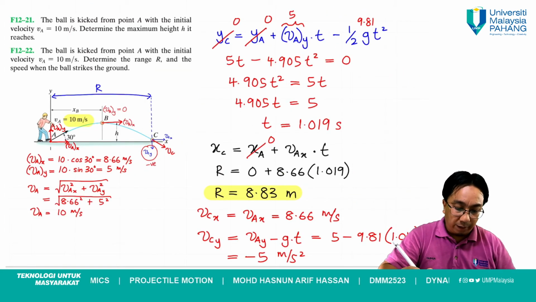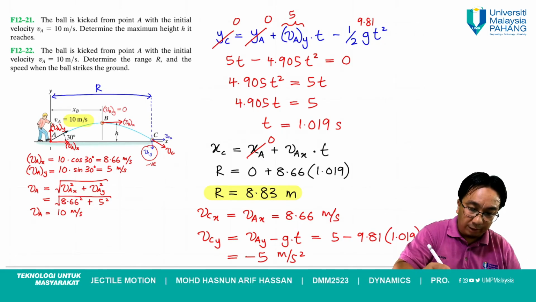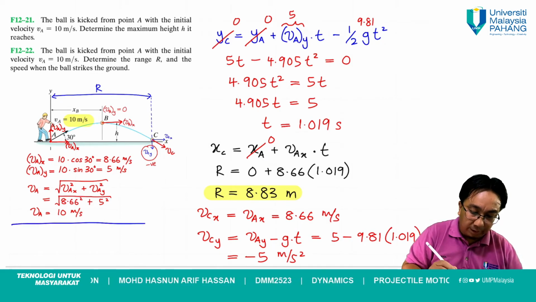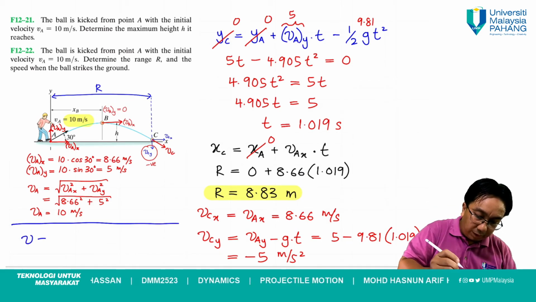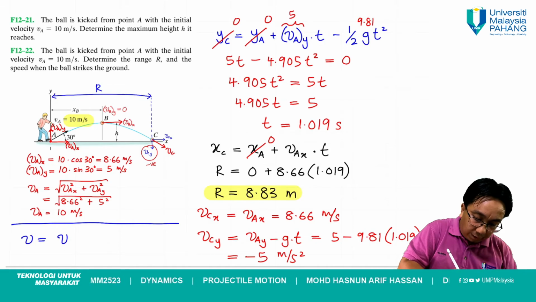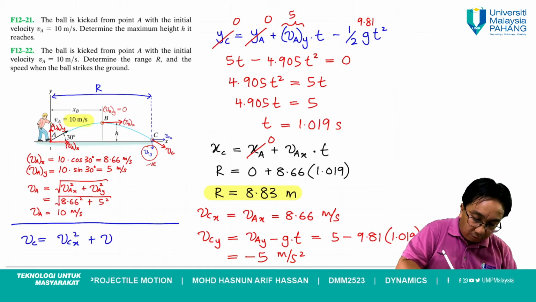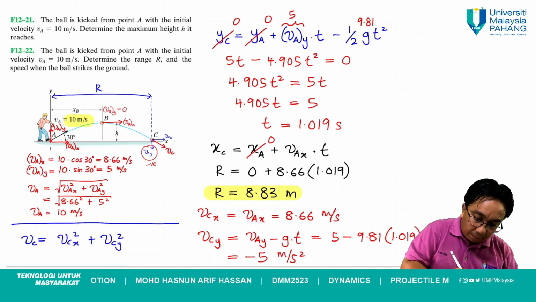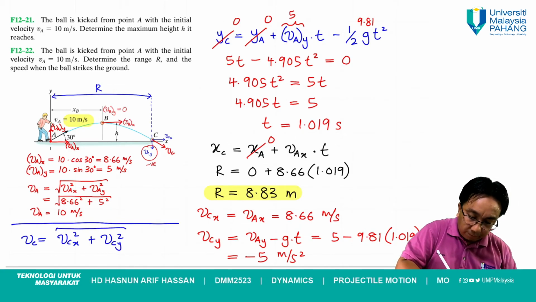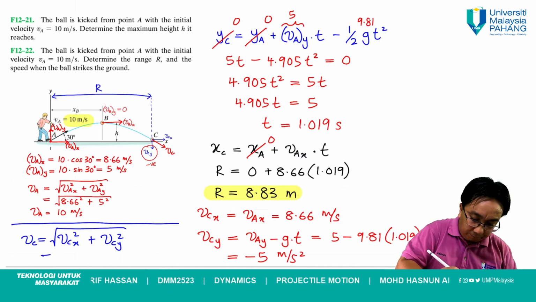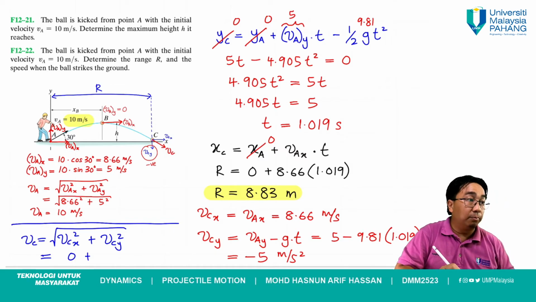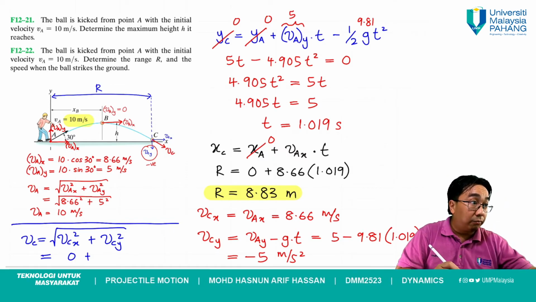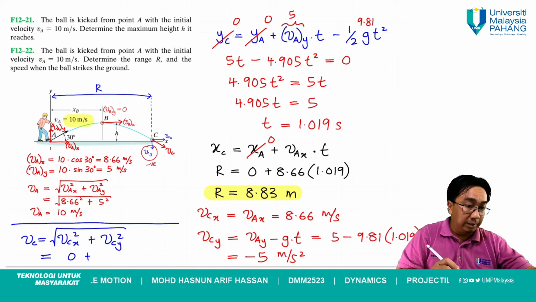Now what we have to do finally is to calculate the, saya asingkan di sini, to calculate the magnitude. So V will then be VCX square plus VCY square and then square root. So kita akan dapat 0 plus 5 square lah. VCX bukan 0.